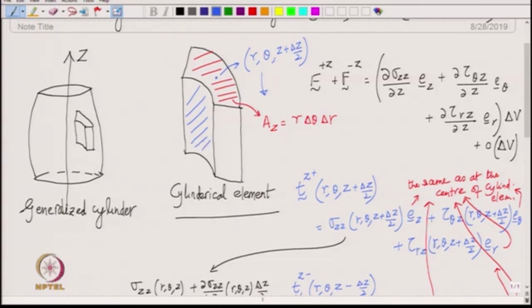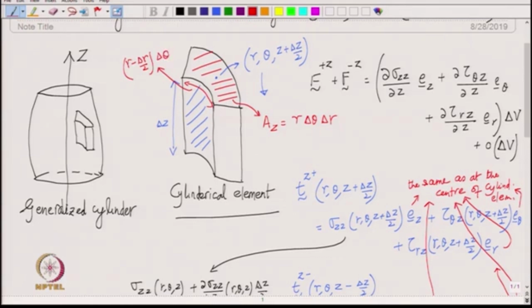So, that is the height, which is delta z, right, times this curved face or the curved line, and that is small r into delta theta. But here for the negative r plane, it is simply small r minus delta r by 2 into delta theta.